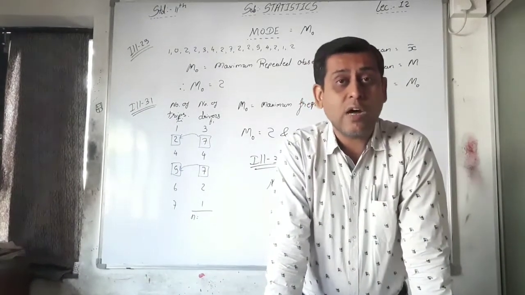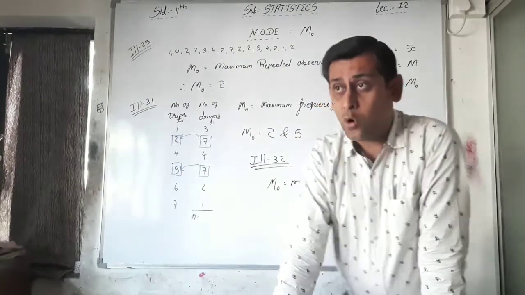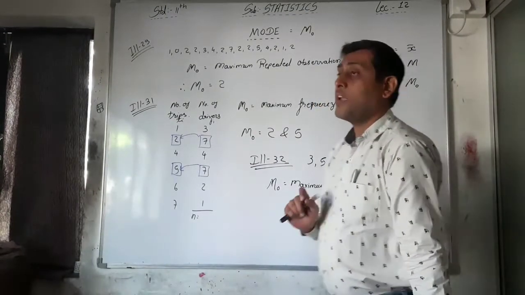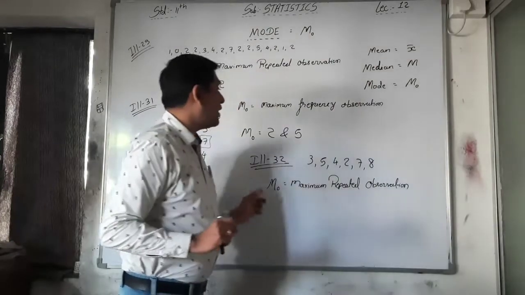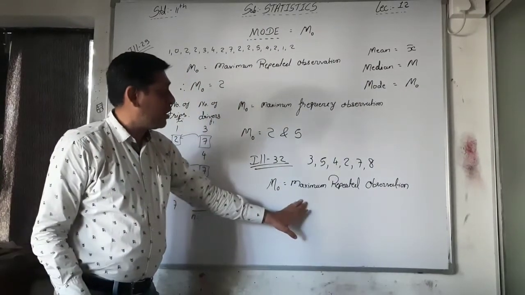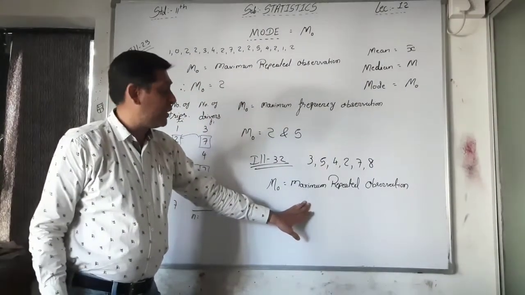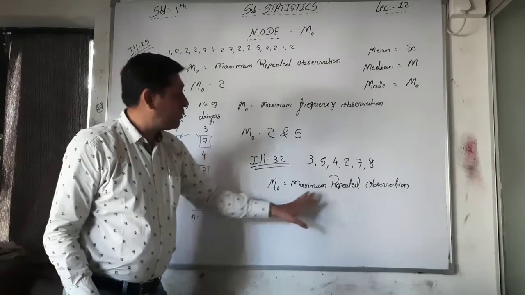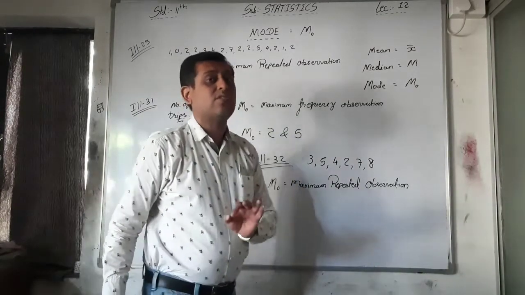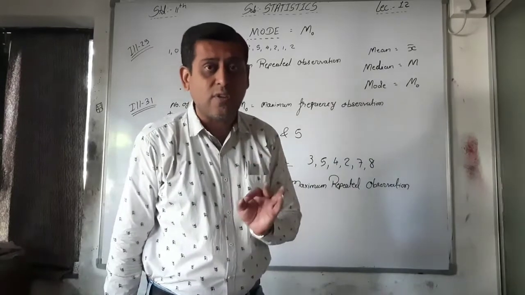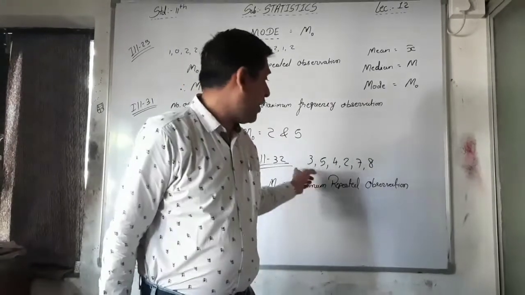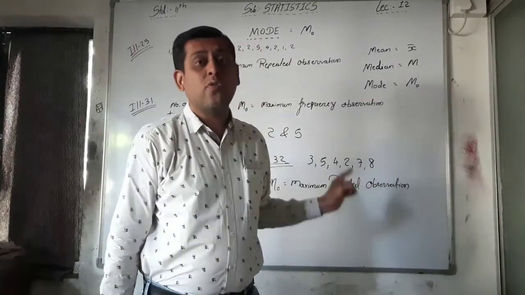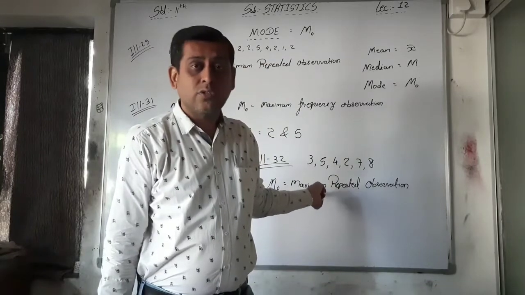We cannot find out the data's mode using the definition, or we can say the meaning, or you can say the formula. Maximum repeated observation is the formula, is the meaning, is the definition, and we cannot find out the mode from this data by using this.